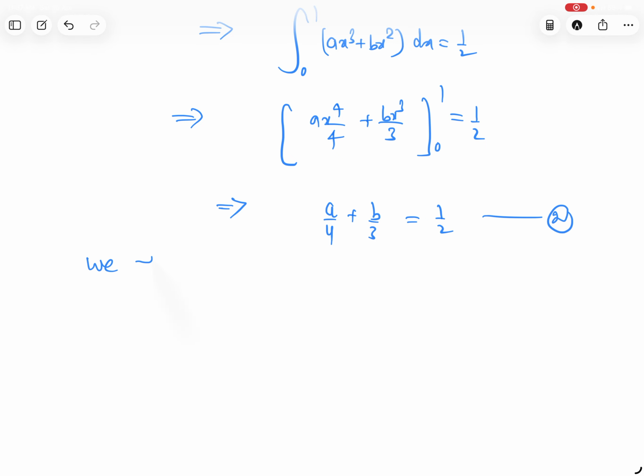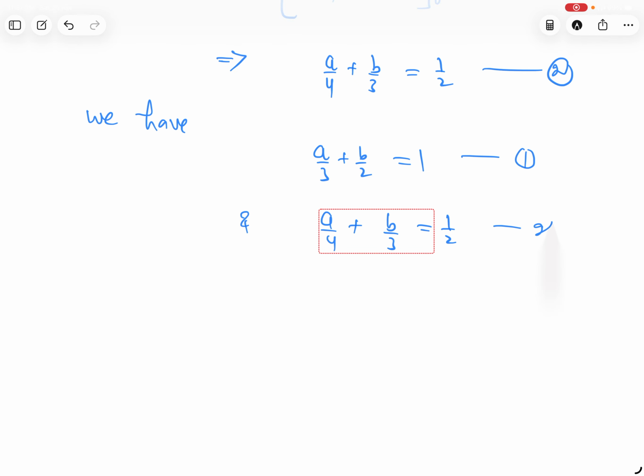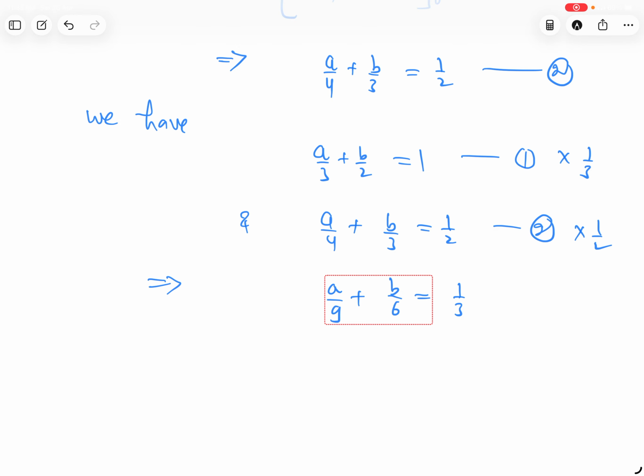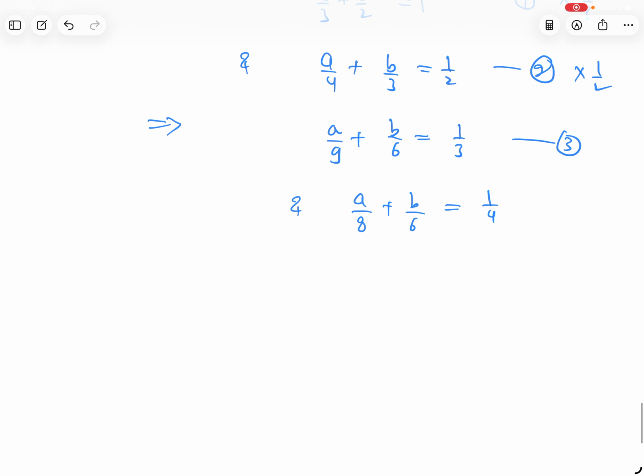So we have two equations: a/3 + b/2 = 1, and a/4 + b/3 = 1/2. Multiplying the first by 1/3 and the second by 1/2, the first equation becomes a/9 + b/6 = 1/3, let's call it equation 3. The second equation becomes a/8 + b/6 = 1/4, equation 4.